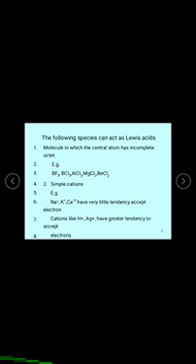Then these act as Lewis acids. Next, cations like NH4 plus and Ag plus have a greater tendency to accept a pair of electrons. Those also act as Lewis acids.